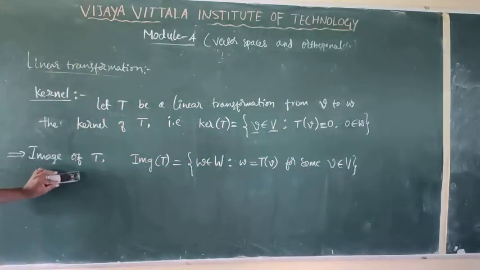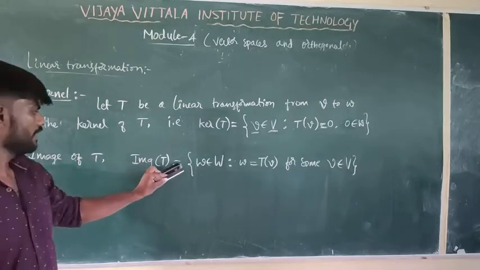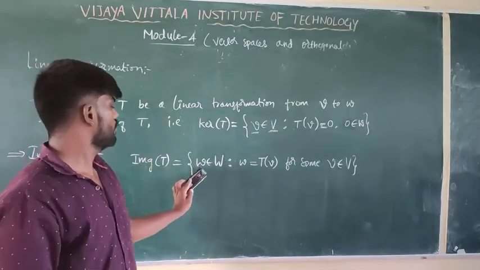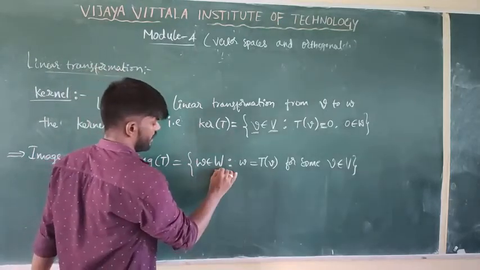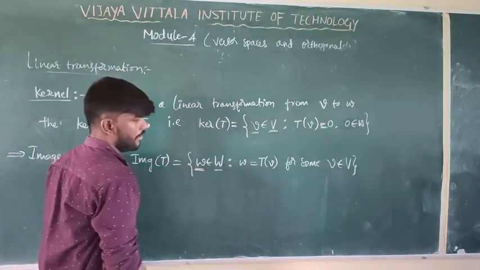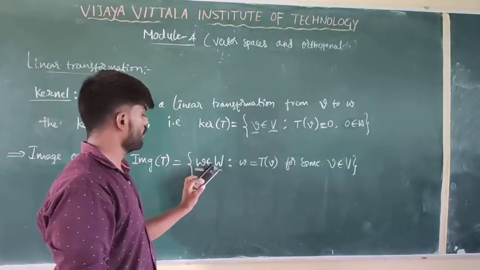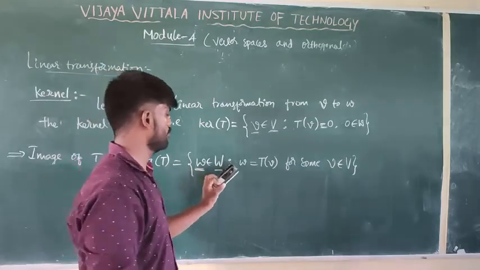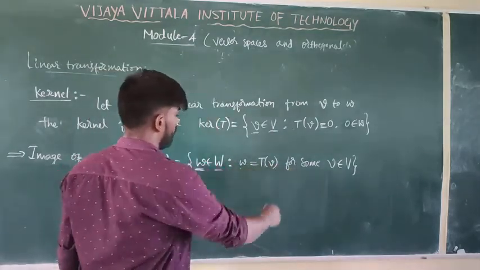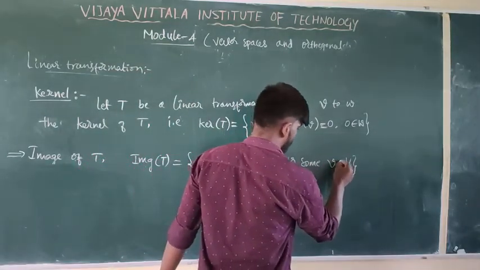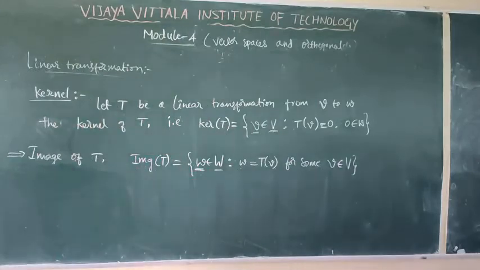And also the image of T. The image of T, which we denote im of T, is equal to the set of w belonging to W such that w equals T of v for some v belonging to V. Here V is the domain vector space.